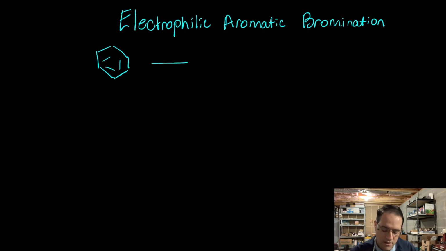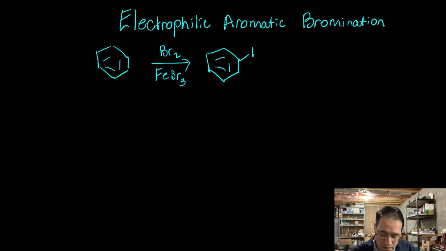For now, we're just talking about benzene. And if we treat this with bromine and iron(III) bromide, which is a catalyst, we need to use 1 mole of benzene, 1 mole of bromine, but we could just use 0.05 moles of iron(III) bromide, for example. So it's a catalyst. Remember, we put catalyst below the arrow. And what this is going to form is your brominated aromatic ring and possibly HBr.